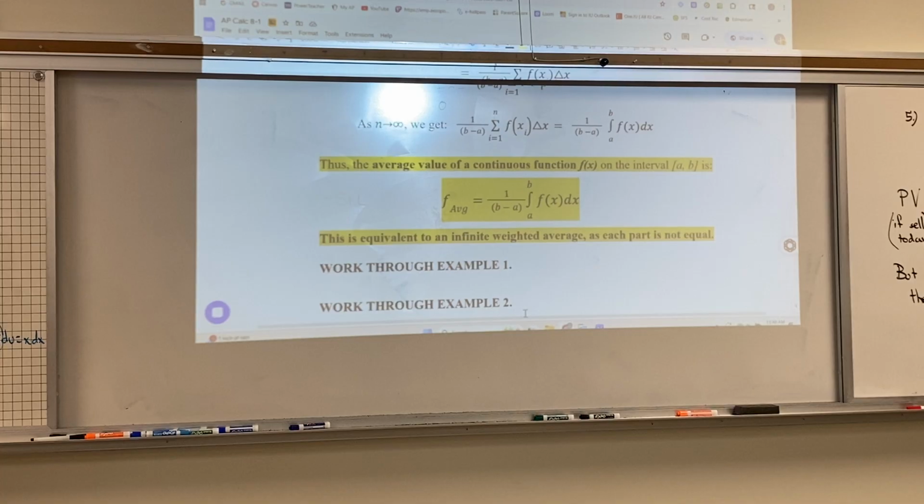We'll do a couple of examples if you want. So a great thing for the yellow sheet, average value of the function. Of course, if the function is constant, the average value is going to be whatever the constant is.